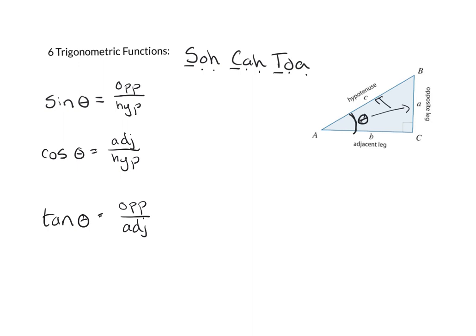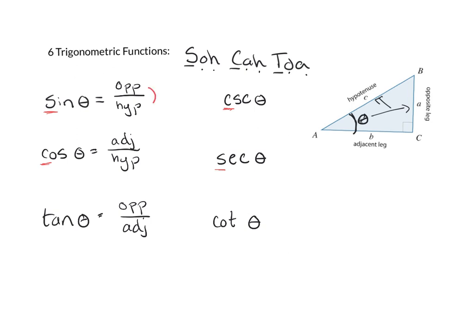So that's 3 of the 6. The other 3 are the reciprocal trig functions. Sine, its reciprocal is cosecant. Cosine, its reciprocal, is secant. And tangent's is cotangent. One thing that I always do to remember is that S goes with C, C goes with S. So just know the C's don't go together, the S's don't go together.